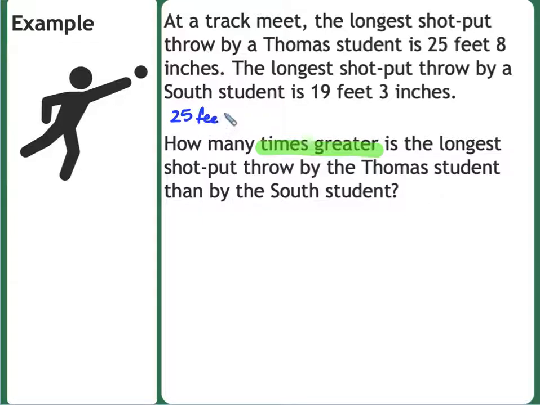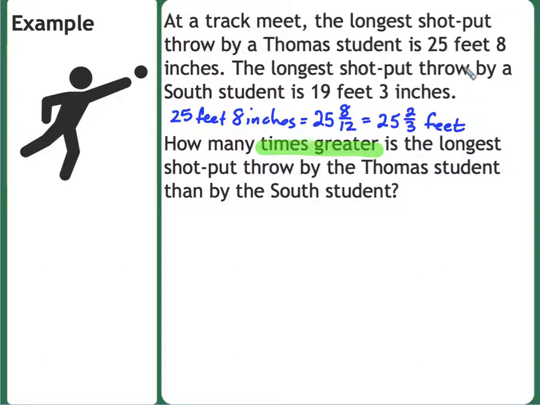So 25 feet 8 inches is equivalent to 25 and 8 inches. 8 out of 12 is simplified to, nope, sorry, 2/3. 25 and 2/3 feet.